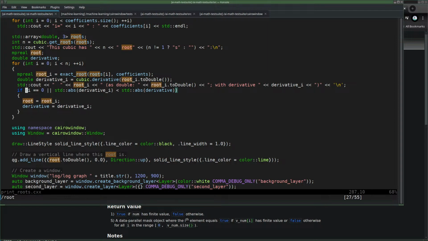It's just the first root that we find. Or not. What is this? It picks the one with the smallest derivative. Oh yeah.